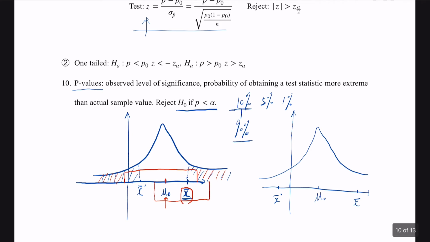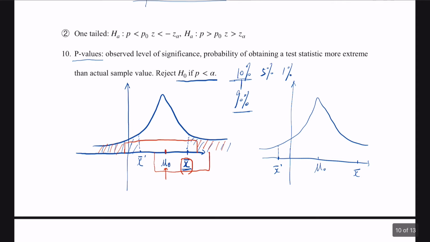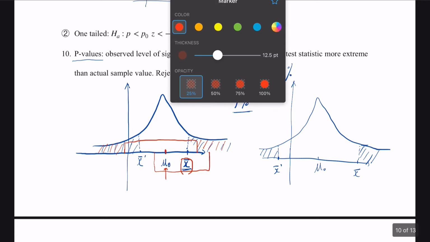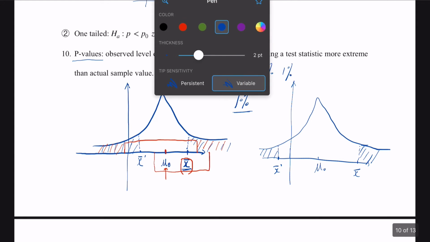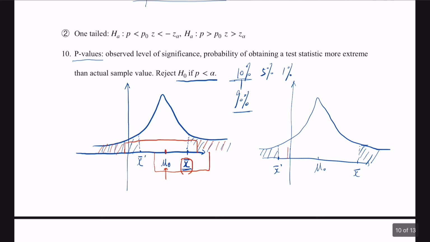Here's another value for two-tailed test. This is the p-value. And this is your 90% confidence interval. And this area is alpha. You can see alpha is bigger than p. Therefore, you should reject the null hypothesis. Therefore, the true population mean cannot be this.